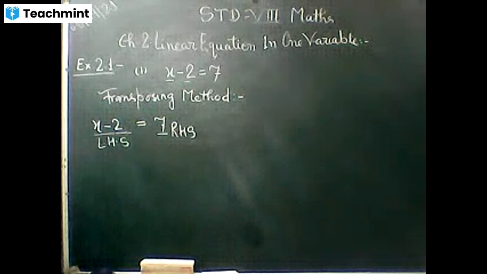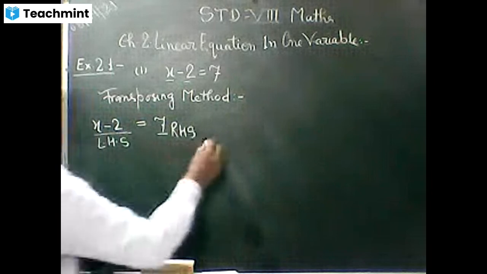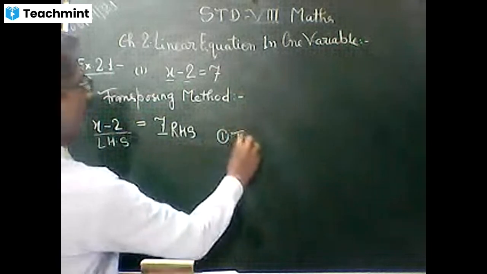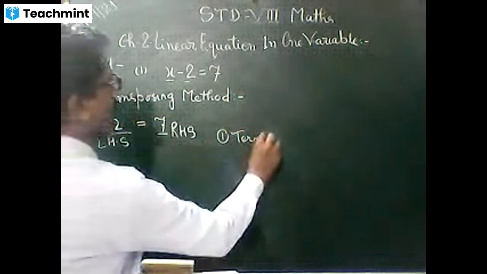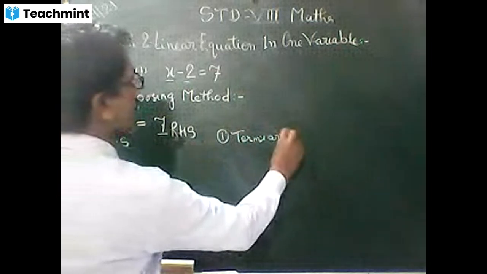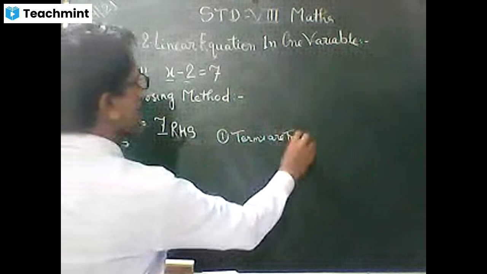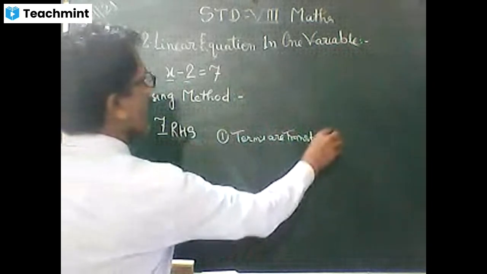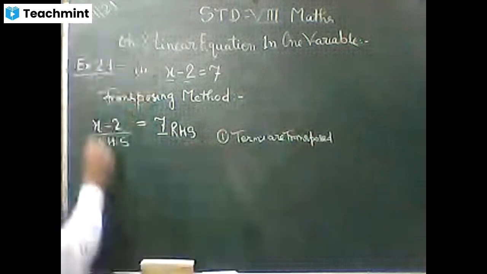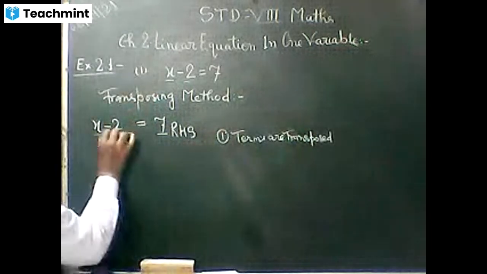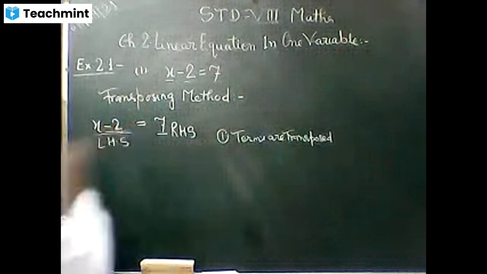First of all, we have to transpose the terms. Terms are transposed, not the factors. We have to care for it. Here is the x and second is minus 2, then this term minus 2 is transposed.